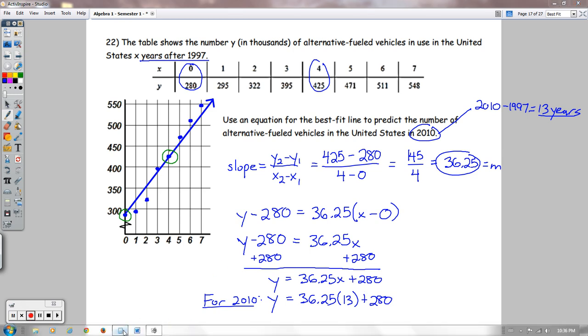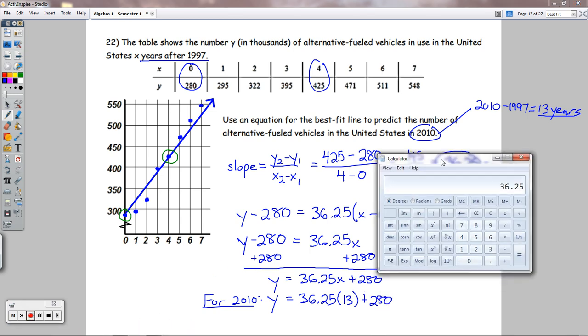If I type that in, 36.25 times 13. I'm hitting the wrong button there. Having a little trouble seeing that. Okay, so 36.25 times 13 plus 280 equals 751.25.